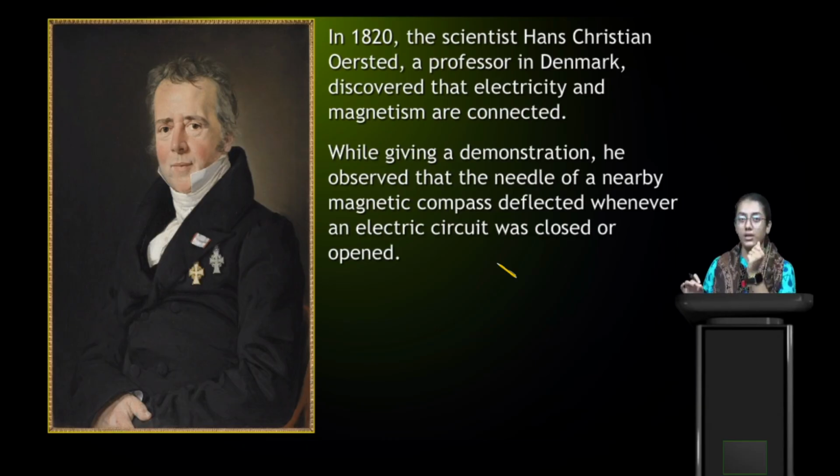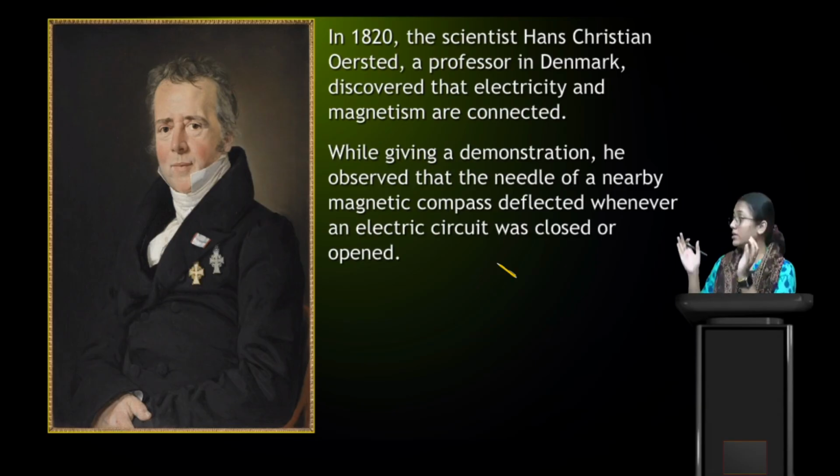Whenever the current is flowing, the compass needle deflected from its original position, and whenever he turned off the current flow, the magnetic needle went back to its original position. So he was the first one to observe it. Okay, the things we have already observed through our activities, he was the first one to give those ideas in our mind. He was the first one to discover this.